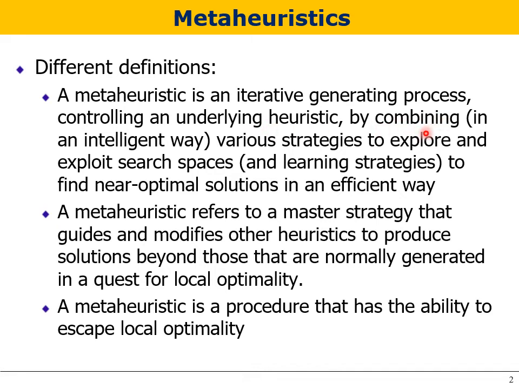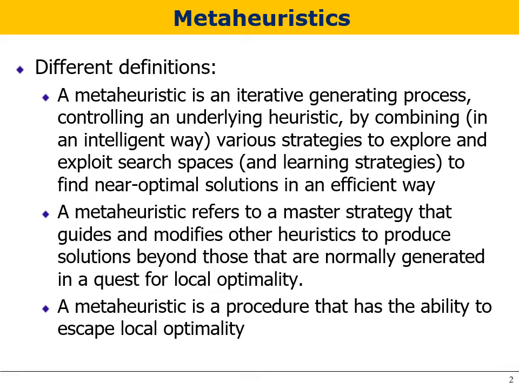By combining various strategies in an intelligent way to explore and exploit search spaces. So we are exploring the search spaces with different strategies to find near optimal solutions in an efficient way. When we work through examples, what these definitions mean will be clearer.